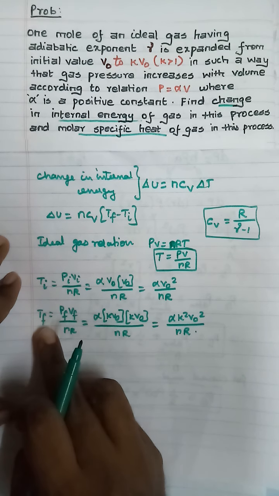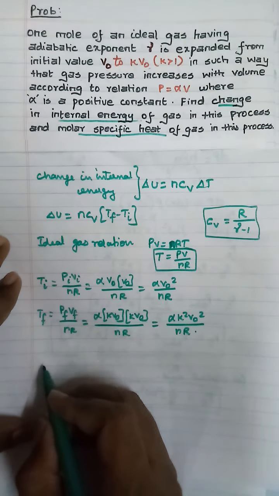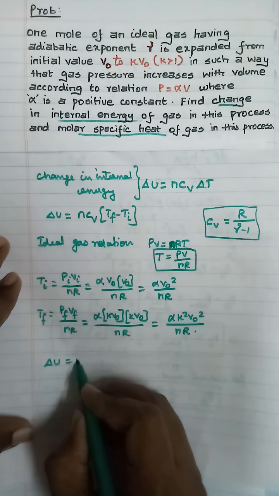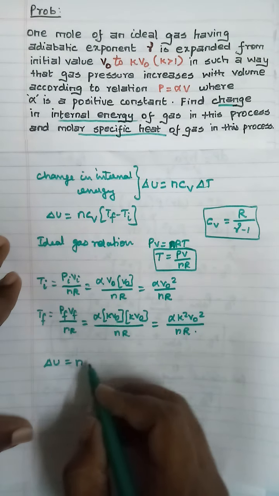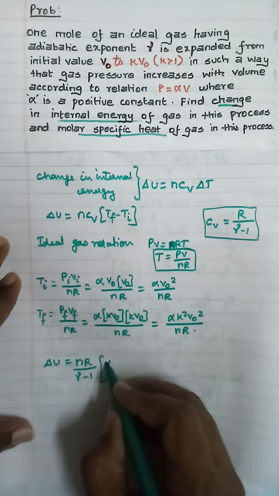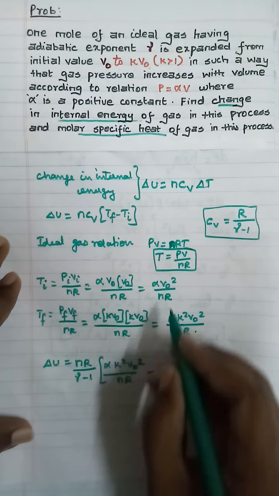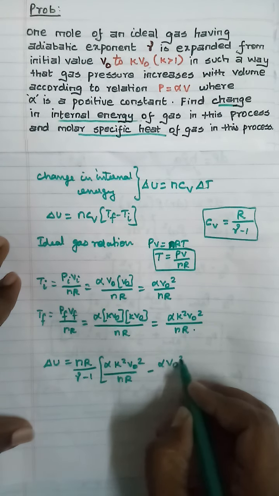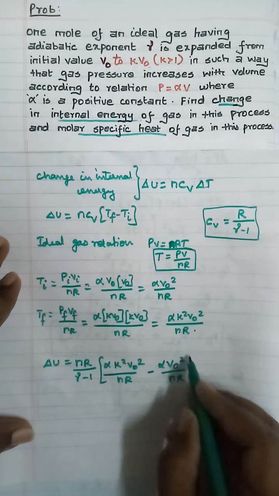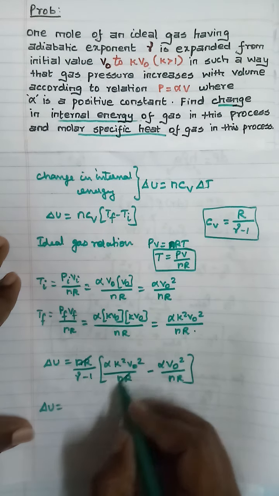Substitute the initial temperature, final temperature and Cv in this relation, then you will get delta U is equal to n, Cv is R by gamma minus 1, times Tf alpha k square V0 square by nR minus alpha V0 square by nR. So delta U is equal to, here nR you can cancel.